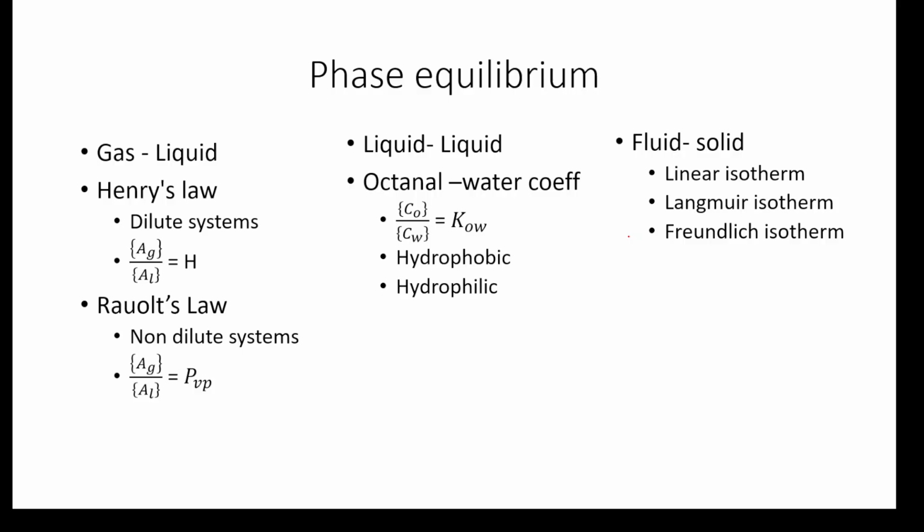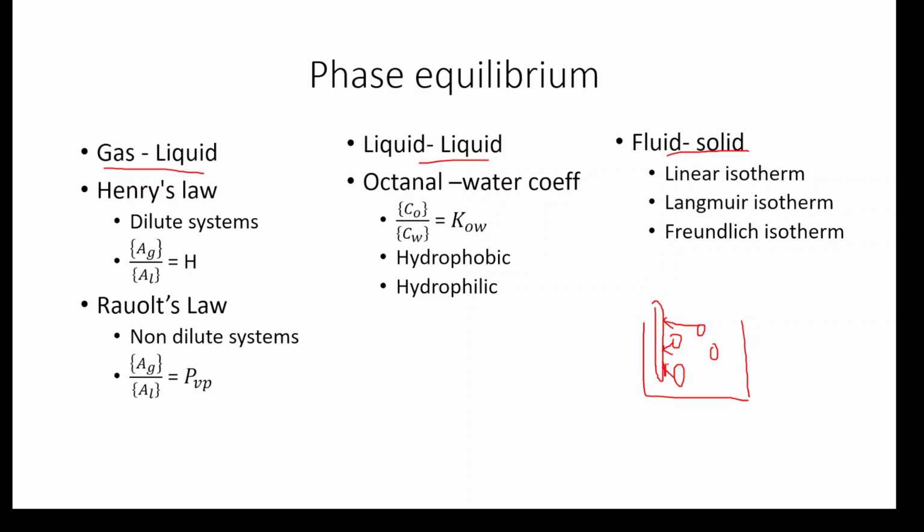Next, we studied phase equilibrium. There can be different phases: gas-liquid, liquid-liquid, fluid or solid. Let's say in water some compounds are there, and if I put some solid block here, these compounds can come and stick on the surface of this solid block.